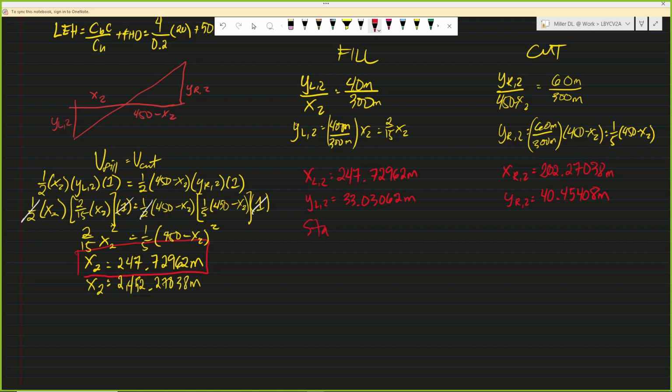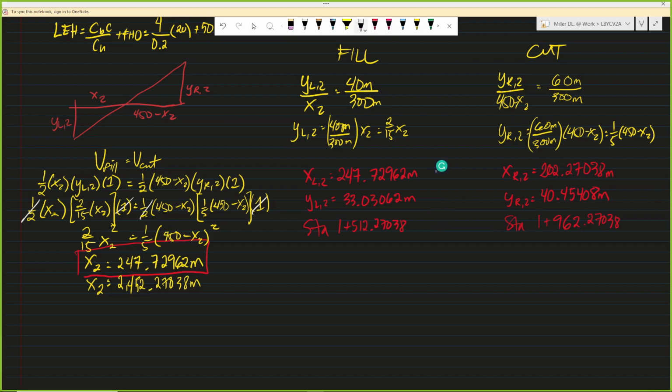We have station 1 plus 512.27038 meters. Kindly provide pa rin yung until 5 decimal numbers. Mamaya na tayo mag-truncate. Ito rin ay station 1 plus 962.27038.